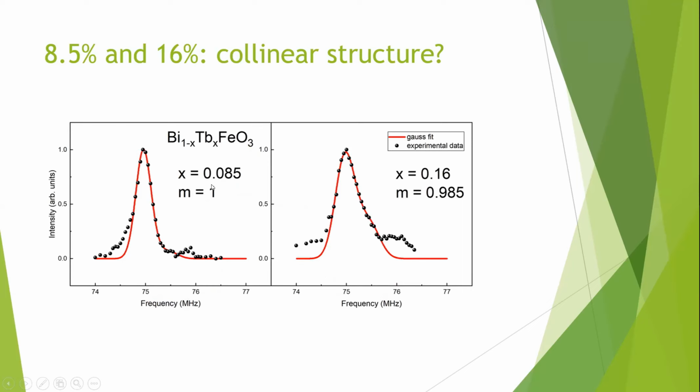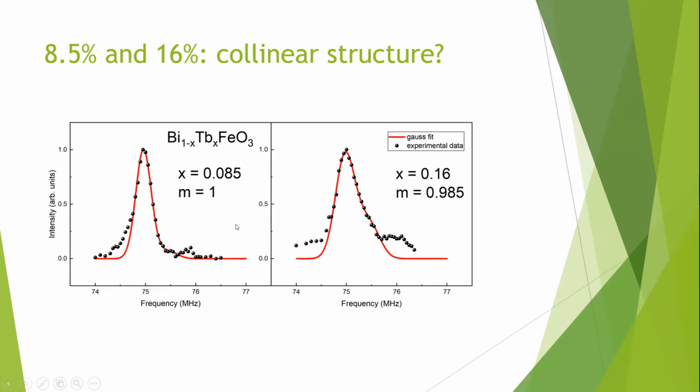When it is 1, the magnetic structure can be described as totally collinear, and this is the easy plane anisotropy type. So we can say that at 8.5% terbium doping, our magnetic structure becomes collinear with easy plane anisotropy.